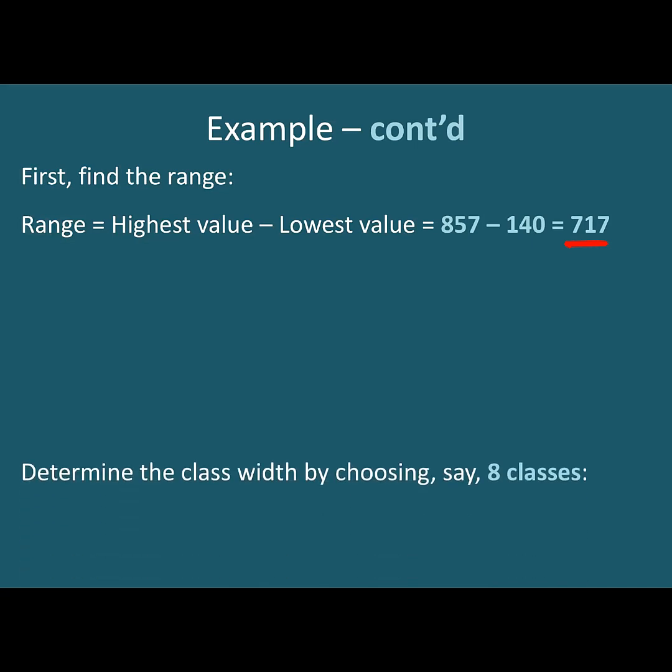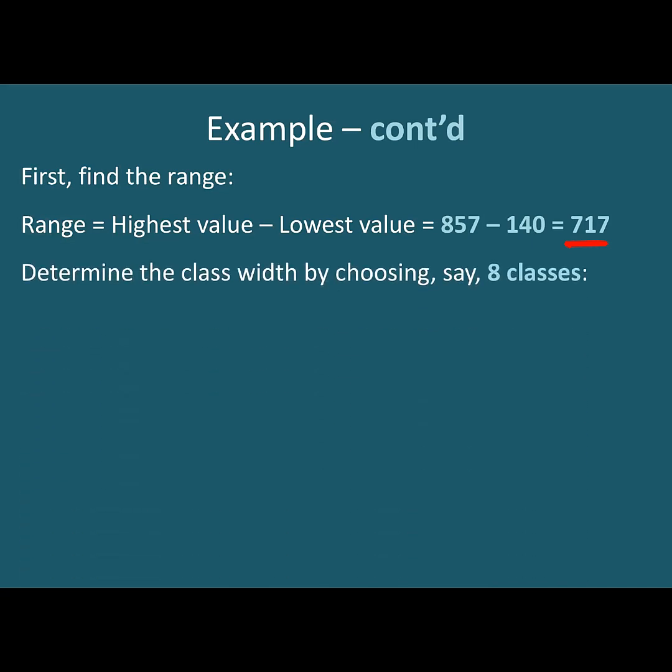Next, what we need to do is determine our class width by choosing, say, 8 classes. Again, they gave us this. Let's pretend like we chose it ourselves, but clearly it's nice when the example instructs you to find the class width on a specified number of classes. So we're going to take the range and divide it by 8.